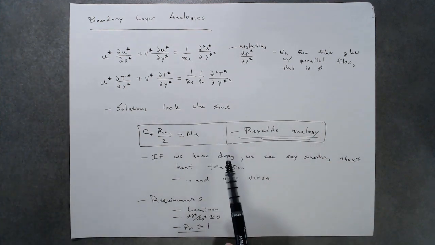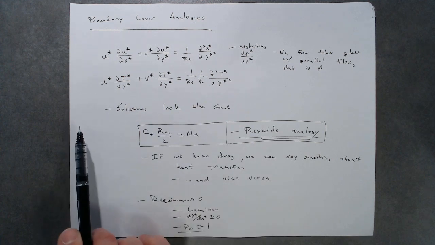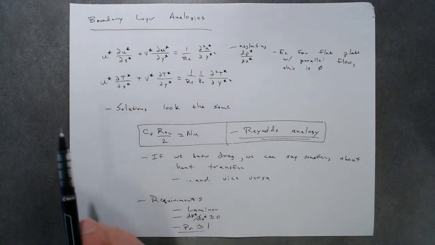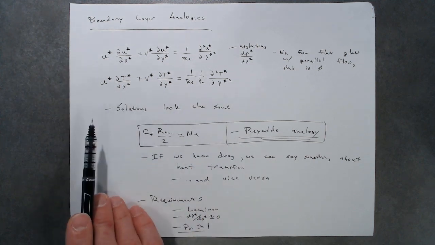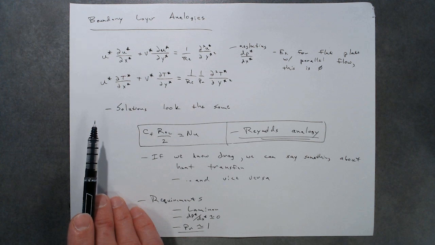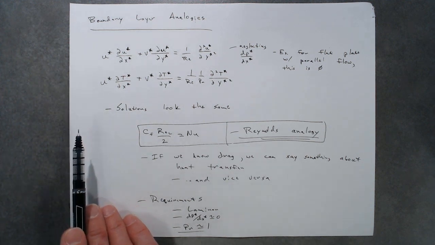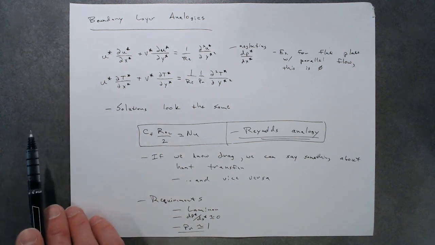There are also other analogies. We haven't written the boundary layer equations for concentration in the flow. That's a mass transport problem that we're not dealing with in this class. But there's a very strong analogy between mass transport and thermal transport.